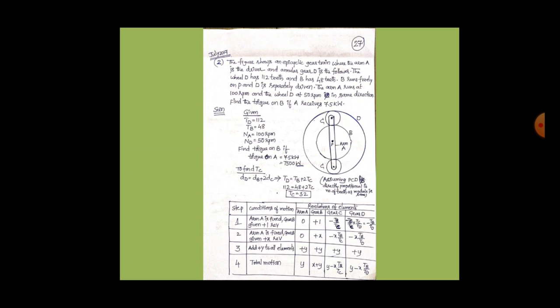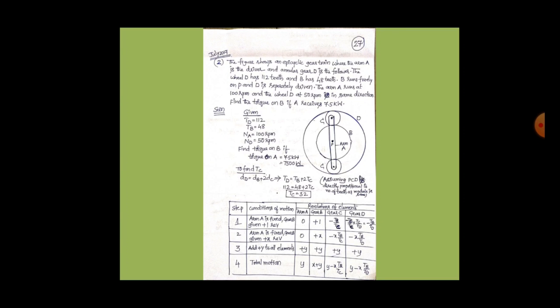Then first step, arm A is fixed and gear B is given +1 revolution. So the arm A value should be entered as 0 because it is fixed. For gear B, I should enter +1 because I am rotating gear B by +1 revolution, which means I am rotating gear B anti-clockwise by 1 revolution. Then for gear C, I should calculate the speed. B is in mesh with C externally.